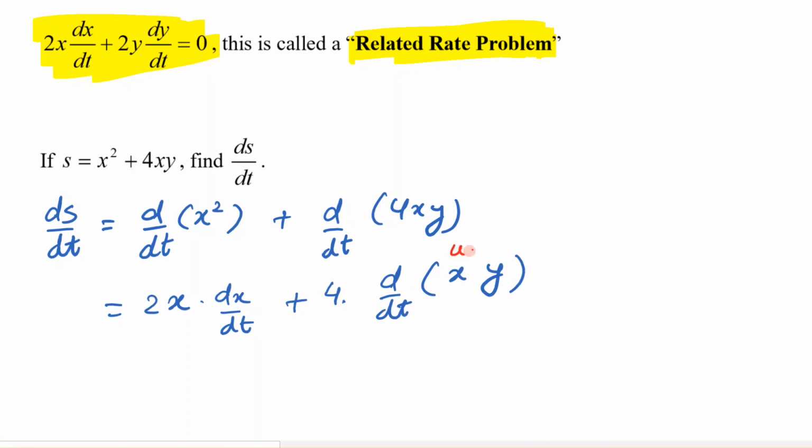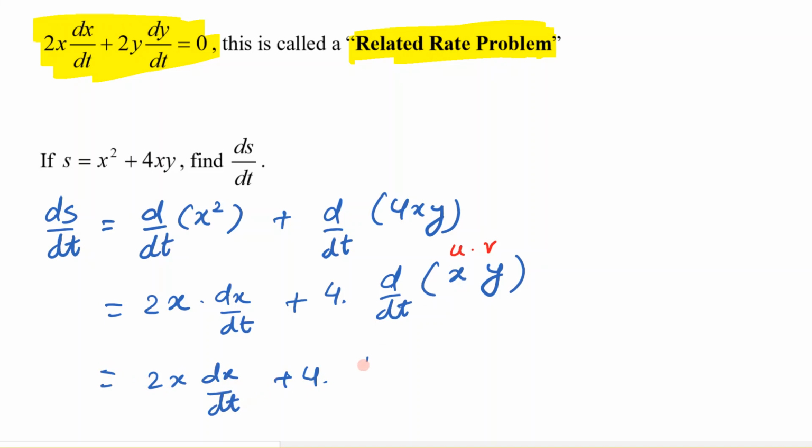And again we have this product rule that we're going to apply here. So u times v, right? So 1d2 plus 2d1.